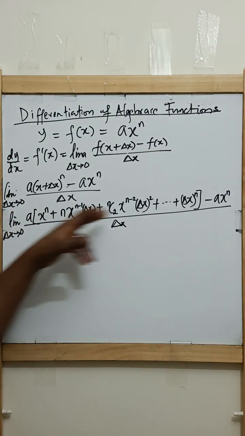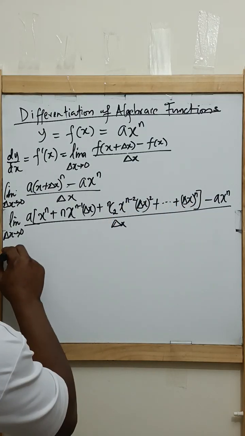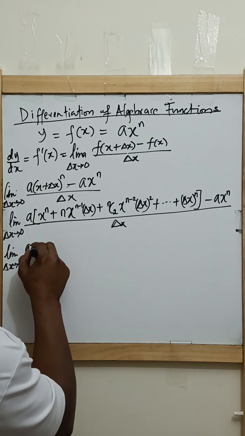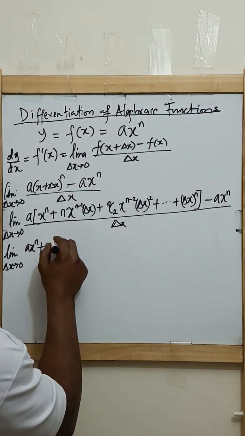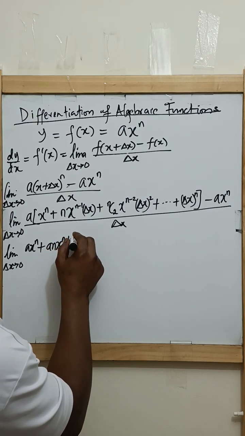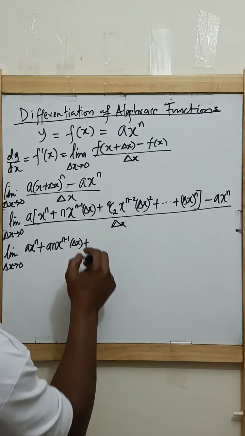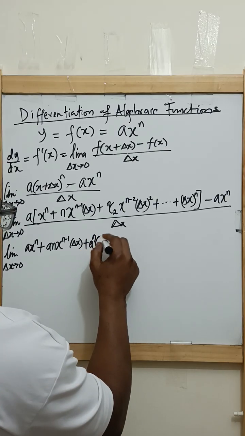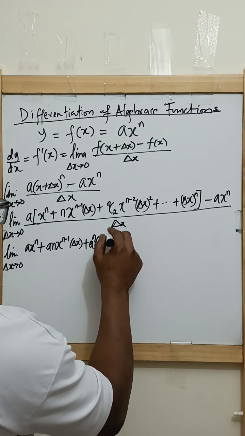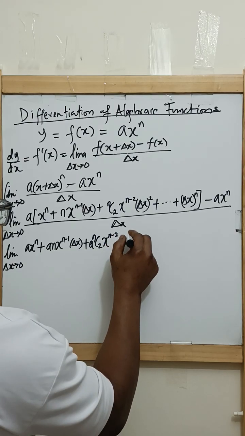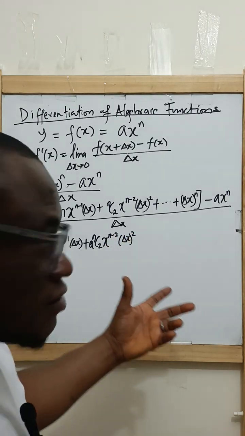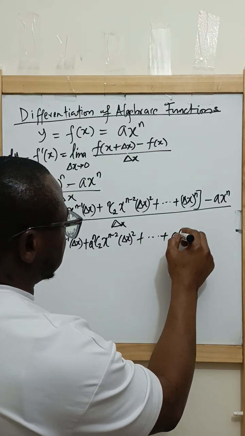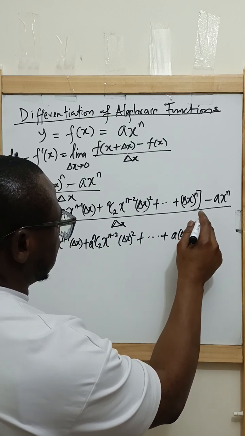Now we can open this bracket. So this is going to be the limit as delta x tends to 0 of a x raised to the power n, plus a n x raised to the power n minus 1 delta x, plus a times n combination 2 x raised to the power n minus 2 delta x squared, and so on, plus a delta x raised to the power n, all over delta x.